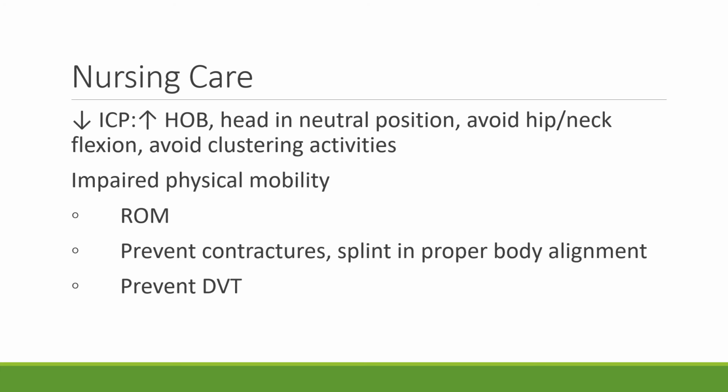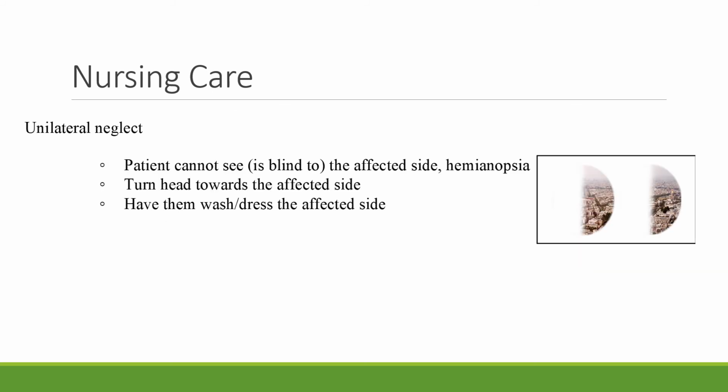We want to prevent contractures. It's very common after stroke because of the lack of mobility and decreased sensation. So they will probably have splints to put their body in proper alignment. We are going to want to prevent DVTs. So they'll be on heparin or Lovenox.